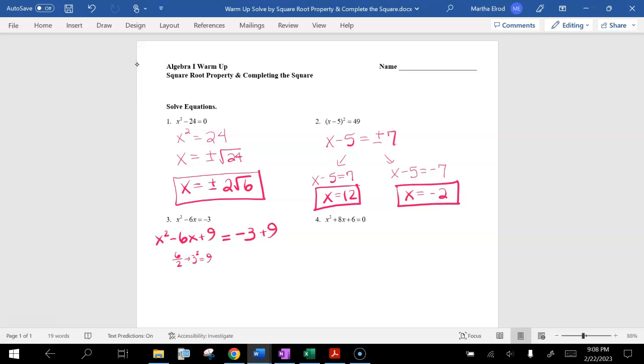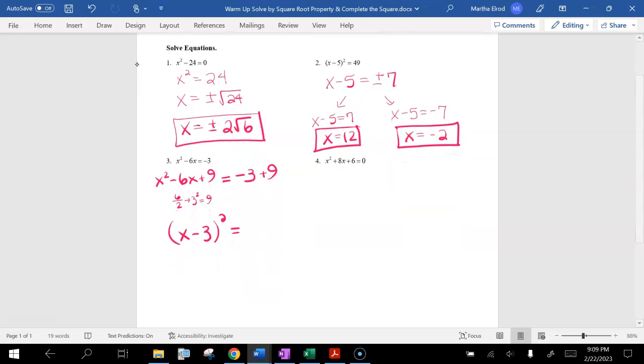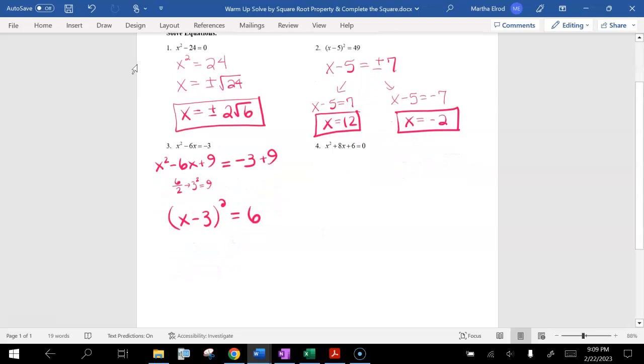Now what I've done is set up a situation on the left-hand side where I have a perfect square trinomial, where x squared minus 6x plus 9 is a perfect square trinomial. If I factor that, it factors into x minus 3 in parentheses squared. On the right-hand side, that's negative 3 plus 9, which gives us 6.